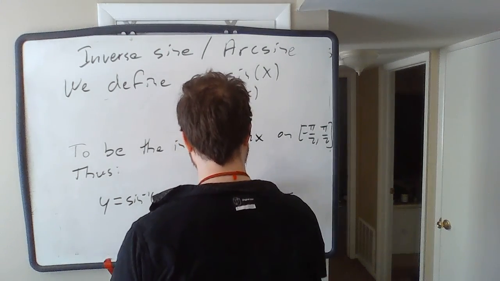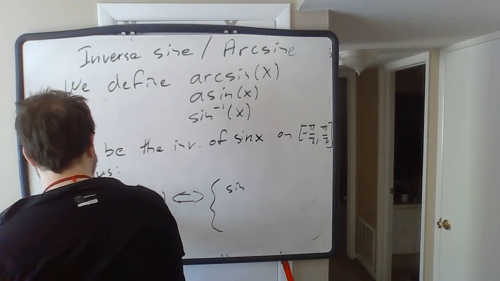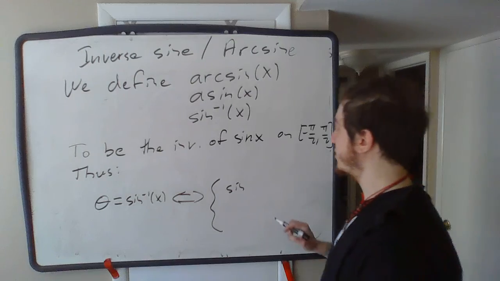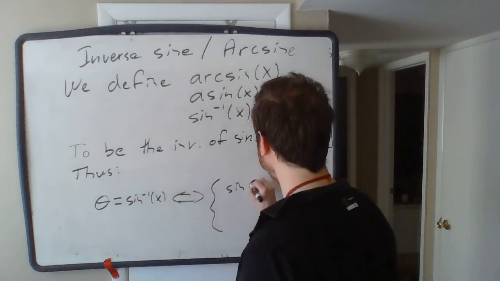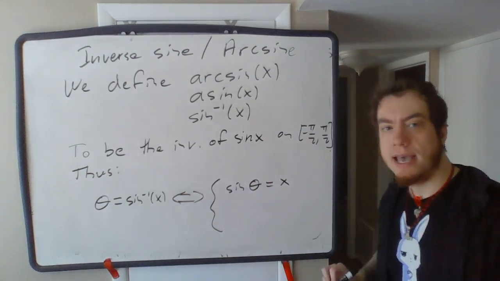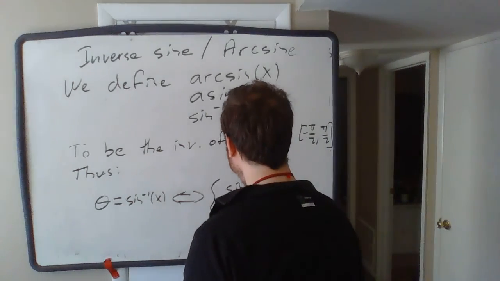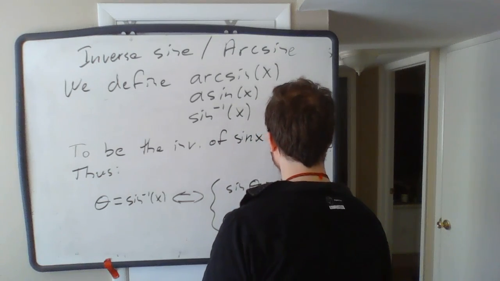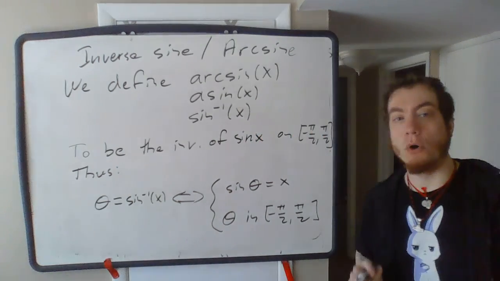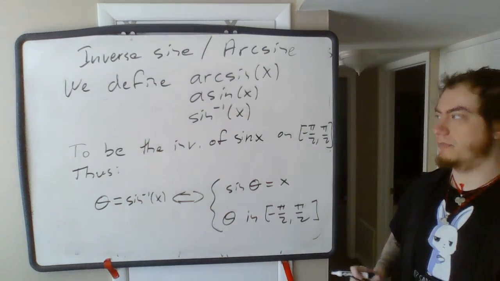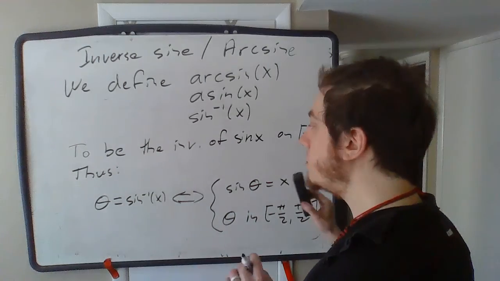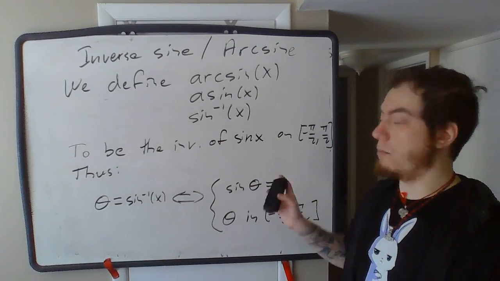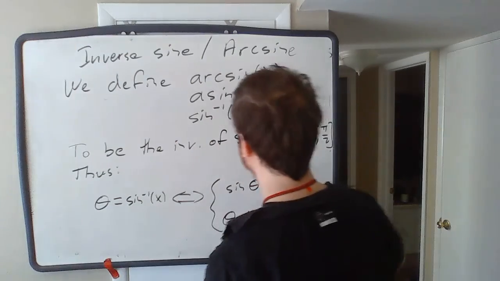First of all, actually instead of y, let's use theta. So theta equals sine inverse of x means that the sine of theta needs to equal x, and the other thing is that theta needs to be in the interval from minus pi over 2 to positive pi over 2. So those are the two parts of the definition that we have for the inverse sine function.